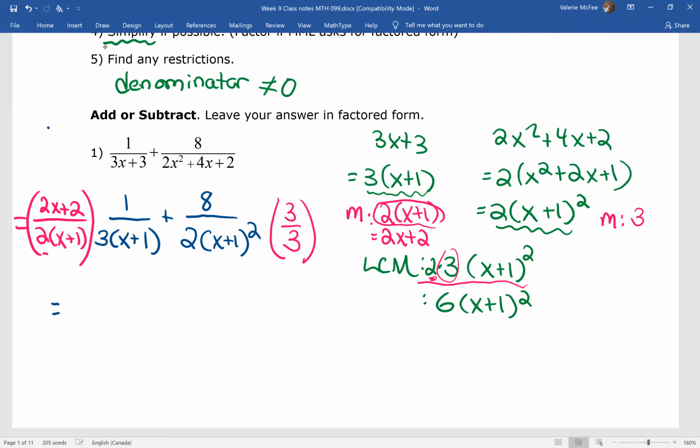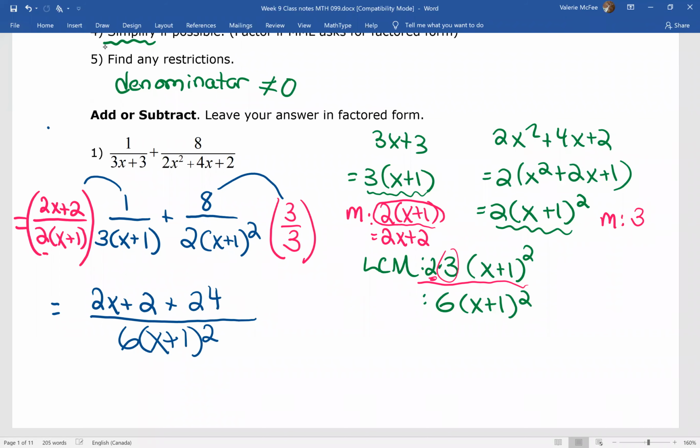So now my denominators are the same, and I can leave those in factored form. I don't need to open those brackets. I think most of the time my math lab will ask you to leave these answers in factored form. So I have 1 times 2x plus 2 plus 8 times 3.